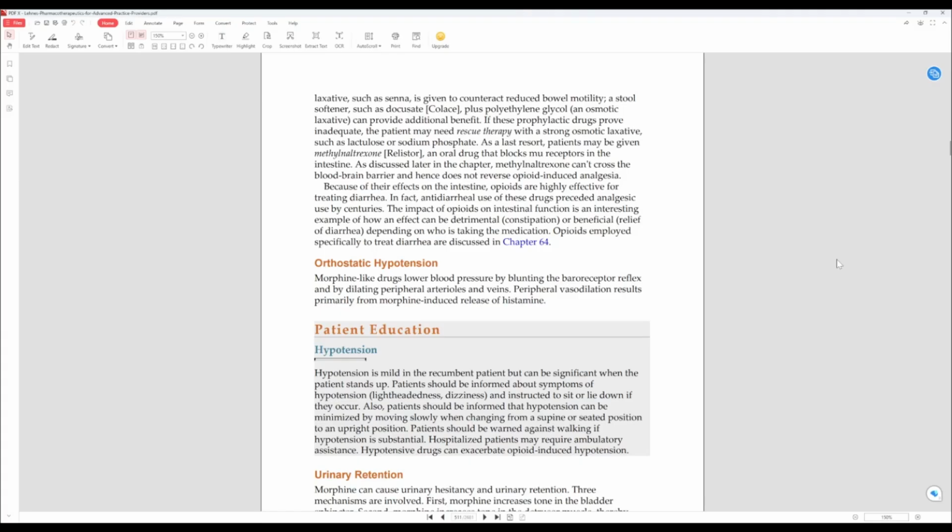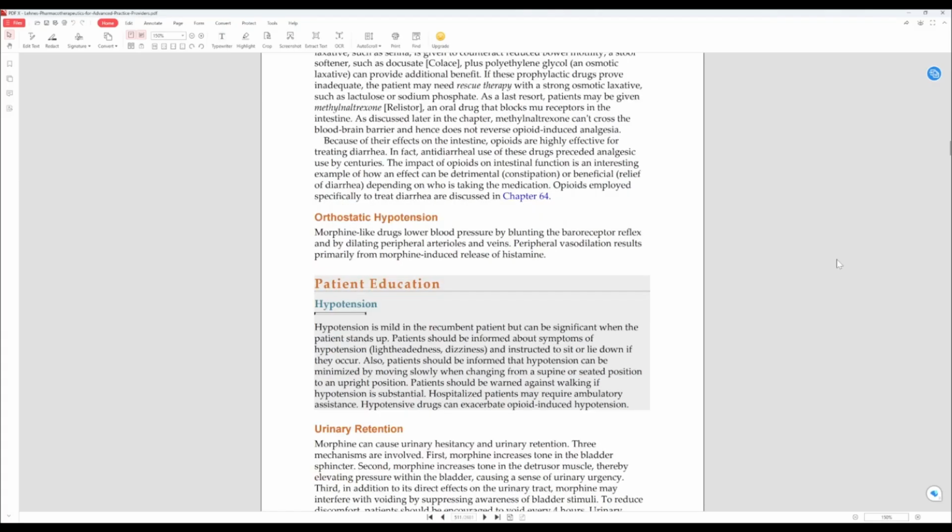As discussed later in this chapter, methylnaltrexone, or Relistor, can't cross the blood-brain barrier, so it does not reverse opioid-induced analgesia. Because of their effects in the intestine, opioids are highly effective for treating diarrhea. In fact, antidiarrheal use of these drugs preceded analgesic use by centuries.